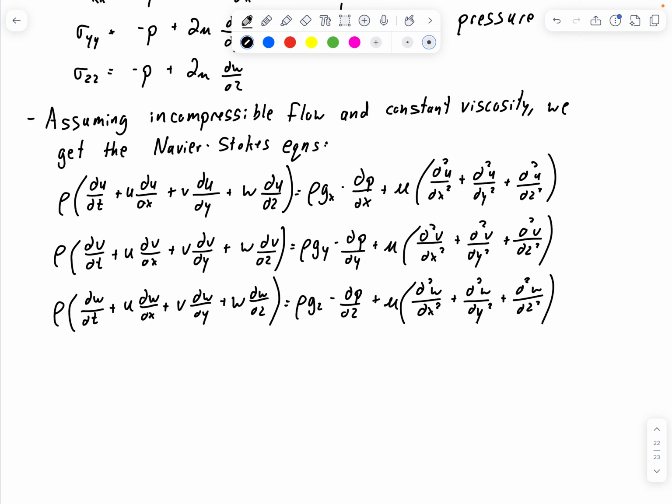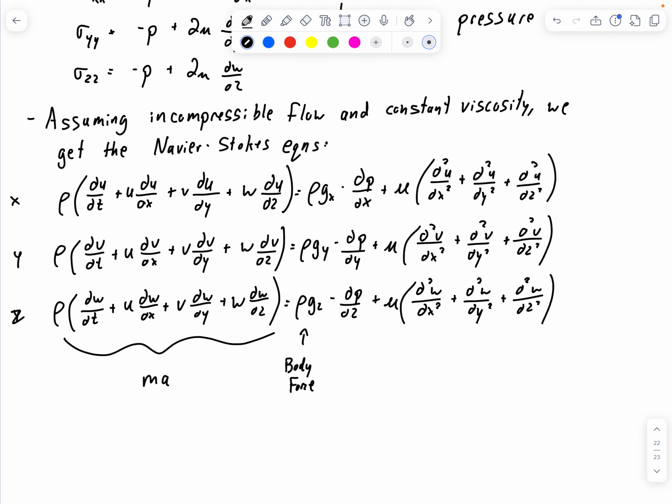So those are the Navier-Stokes equations. We have x, y, and z components here. And again, the left-hand side basically represents material acceleration of a fluid at a point. So that's your mass times acceleration, essentially. You have a body force here, which is your gravity.